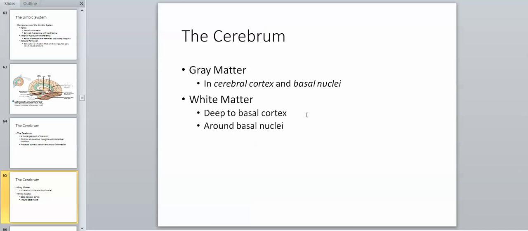These are tracts that are carrying information from one part of the brain to another, or from one part of the brain down to the spinal cord. And so the white matter is going to be deep to the cortex, and it's going to flow around and through the basal nuclei through something called the internal capsule. We'll see that in just a little bit.